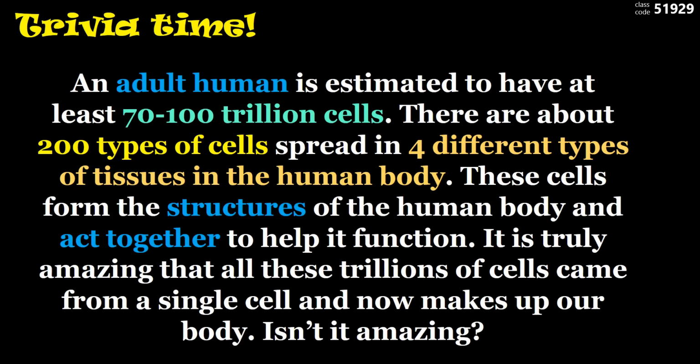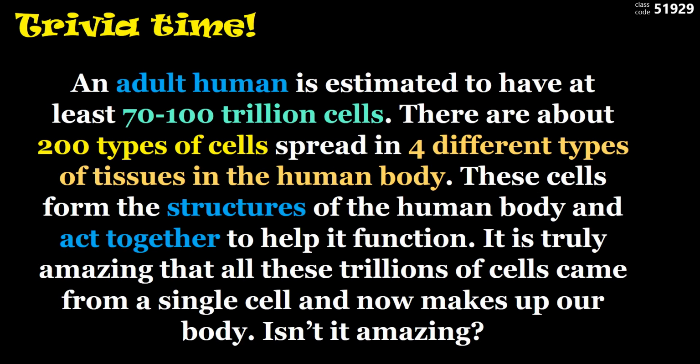It's trivia time. Did you know that an adult human is estimated to have at least 70 to 100 trillion cells? There are about 200 types of cells spread in 4 different types of tissues in the human body. These cells form the structures of the human body and act together to help it function.